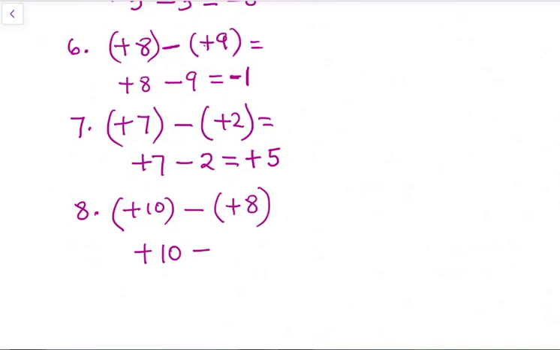Minus times plus will be minus, and it gives us minus 8. So if we have 10 and we are owing 8, by the time we pay the 8 out of that 10, we're going to be left with 2. So that 2 is still with us. It's going to be positive 2.